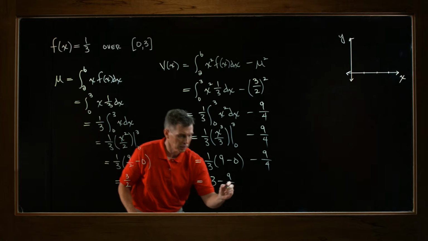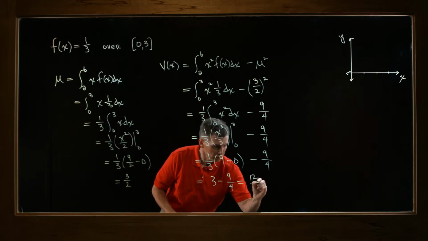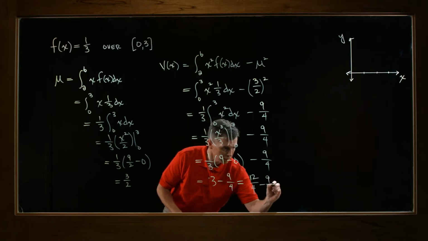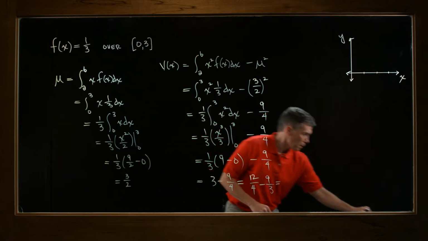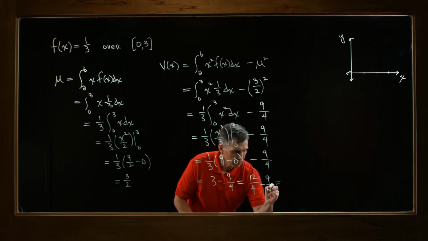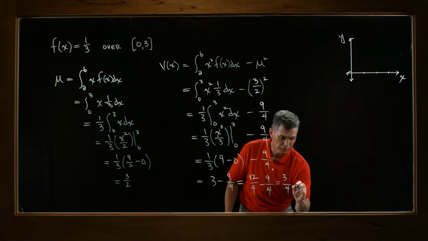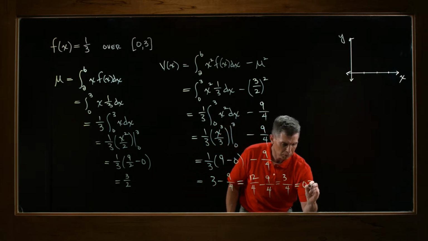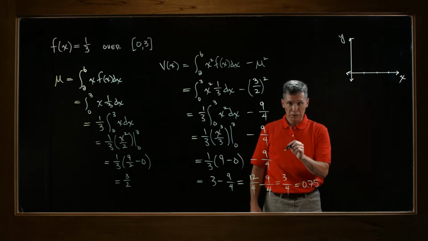A little bit of arithmetic. I'll just get the common denominator of 4, 12/4, equals 3/4. As a decimal, 0.75. Okay, so we have our answer for variance.